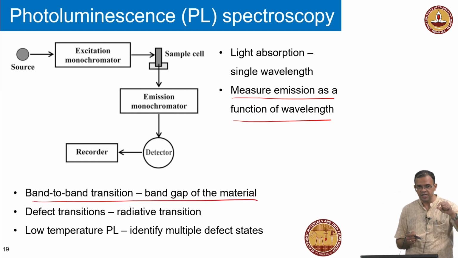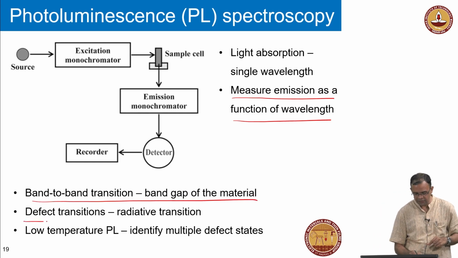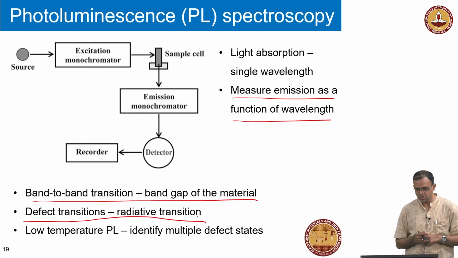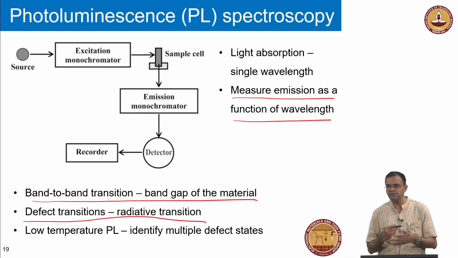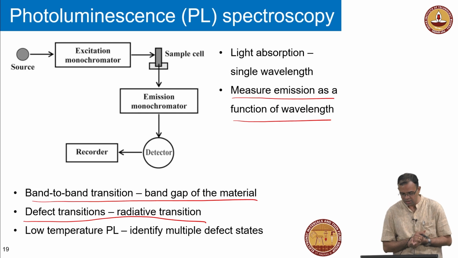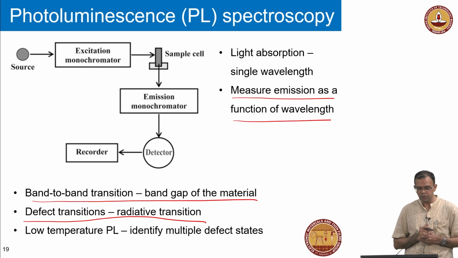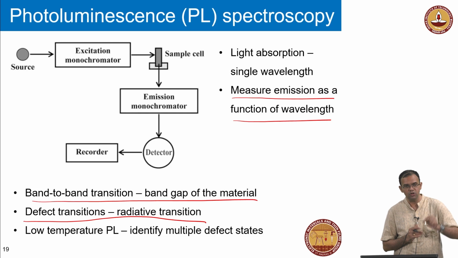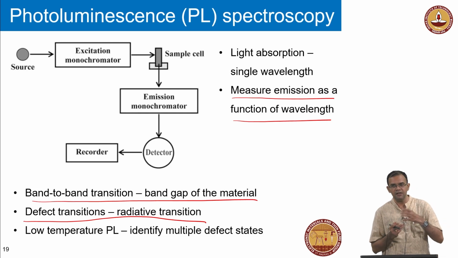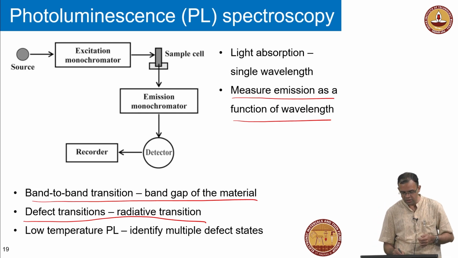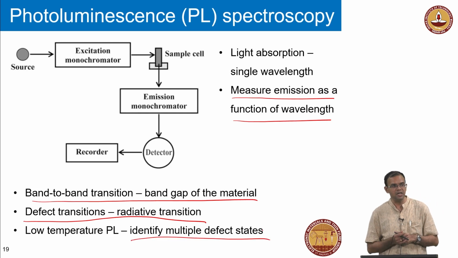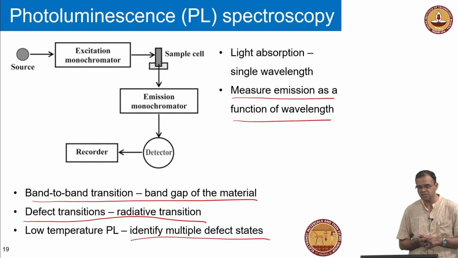You can have defects that are present. So you can have defect transitions, and if they are radiative, that is again something that you can measure. Especially when people do photoluminescence at low temperature, so that thermal effects are minimized, you can even identify multiple defect states that are present in the material.